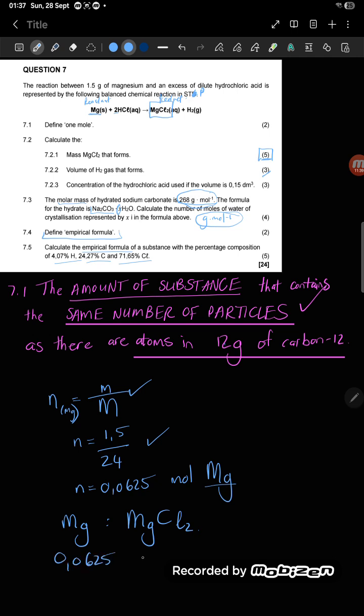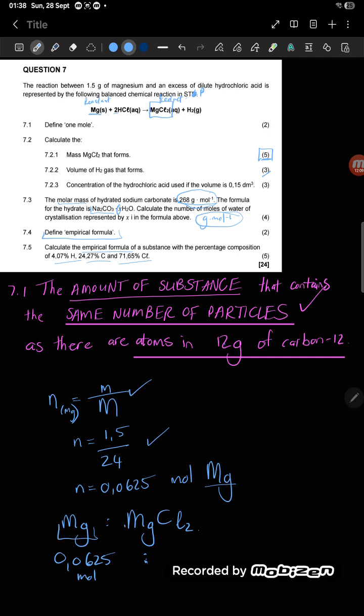I've got 0.0625 moles of that. And my ratio is 1:1. And if my ratio is 1:1, I'm not a huge fan of this. I hope this isn't a weird question, because I've got this many moles of this.